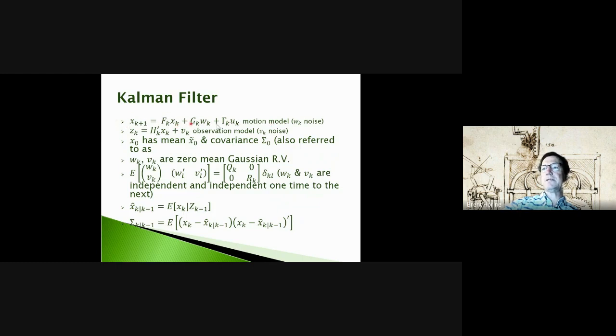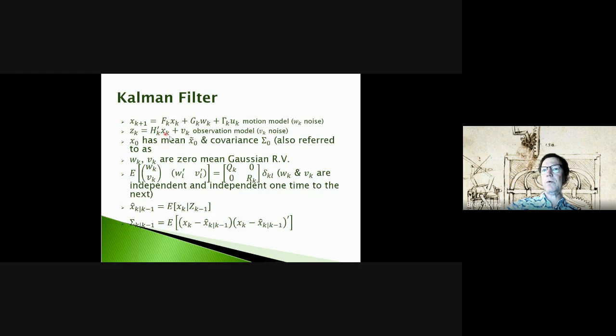So this is our motion model, where this W_k here is noise, right? And then it's being scaled by some value, and we can assume that that's a unity matrix or something like that. It's got some inputs u_k that are driving the system, and then we have this existing state. But then that gets transformed to the next state, right? And then we have this observation model here, right?